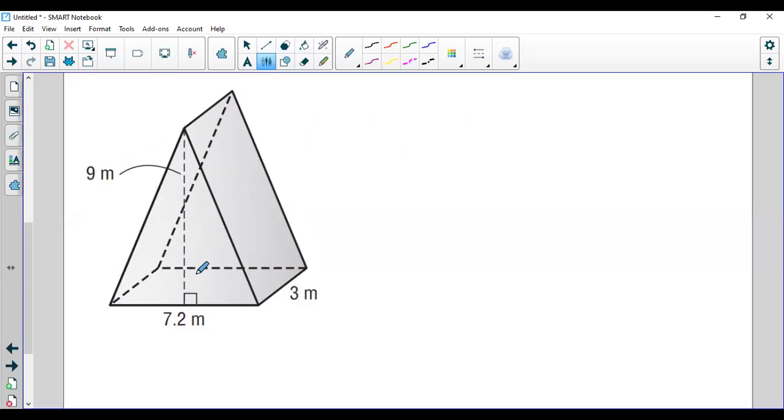That's what I'll use to find the area of this triangle. And then the height of the prism goes between triangle and triangle, so it'll be this line. So this is the height of the prism, that's 3.